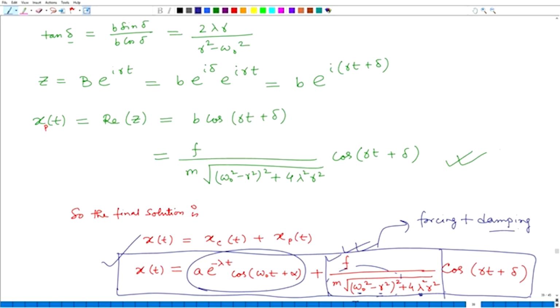Now, why is it not blowing up? Because if it blows up, you have to go for a new type of solution which is linearly increasing. Here in this system the energy is fed by the forcing, but it is also dissipated by the dissipation term. So, there is a sink of energy and there is a source of energy. When there is no dissipation, just forcing, it only faces a source of energy.